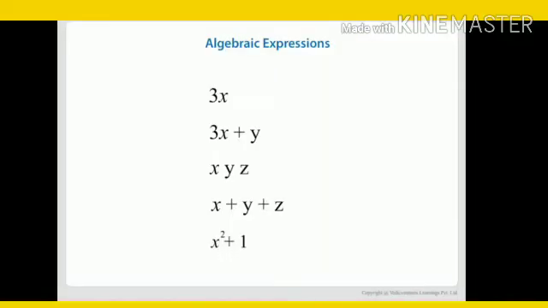Look at these algebraic expressions: 3x, 3x plus y, xyz, x plus y plus z, x square plus 1. So all these expressions have one variable and also two variables. Correct? Some expressions have one variable, some have two variables, and some have three variables. Okay children, so these are some algebraic expressions.